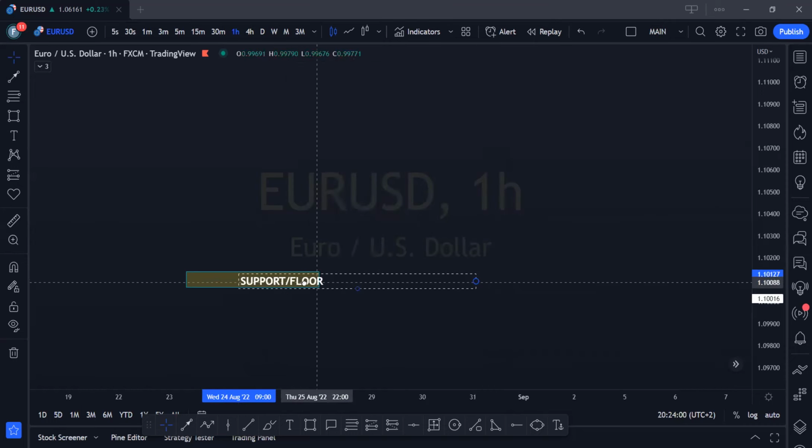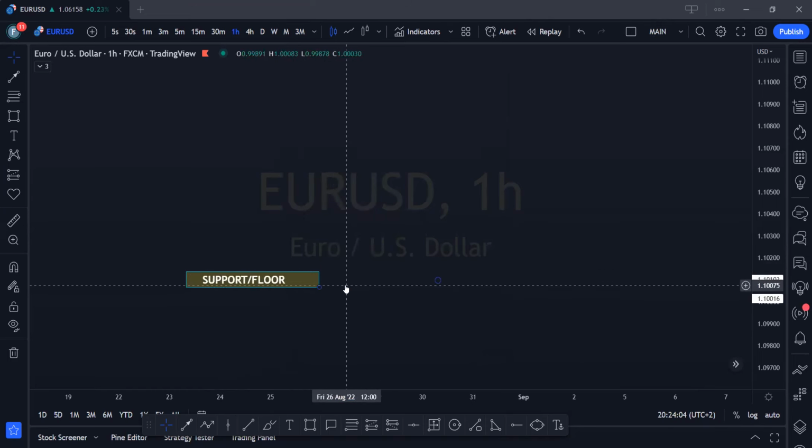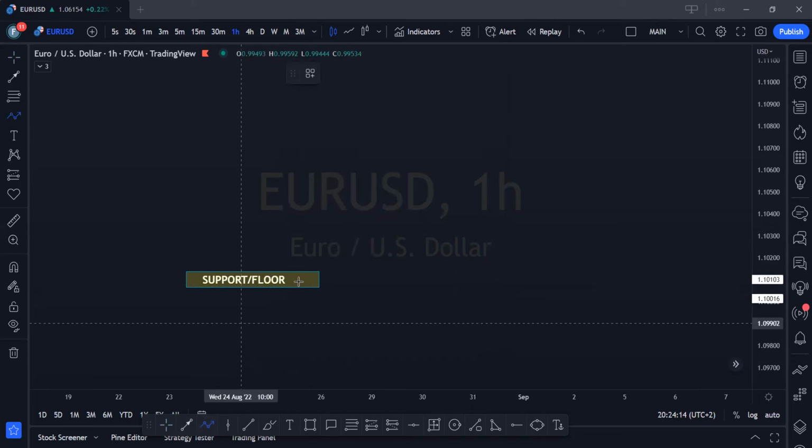It will not go beyond that floor, except you are throwing it with a very great force, or the nature of the ball itself is so strong that it can break things. So a support zone is an area of the market whereby you see price reversed in a floor.